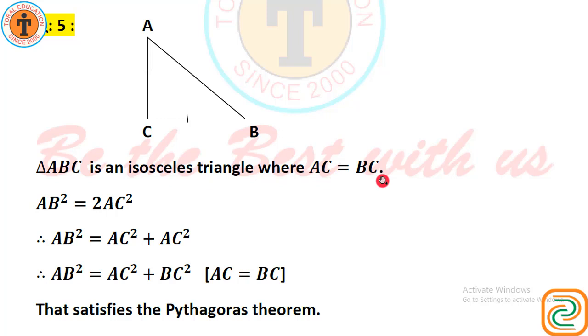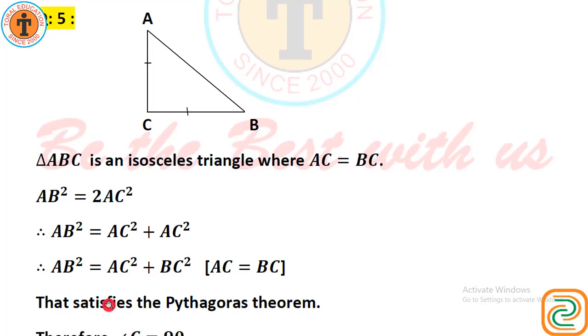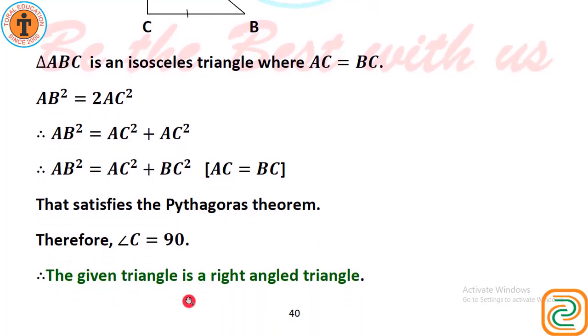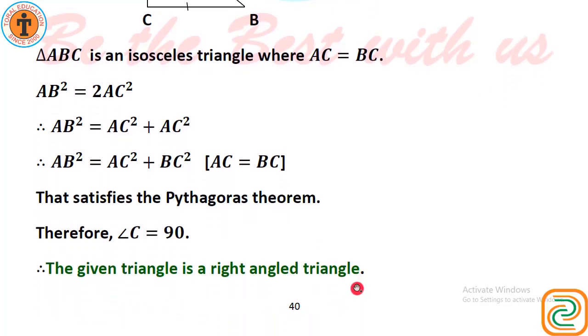Here AC equals BC, AB square equals 2AC square given. So 2AC square means AC square plus AC square. But we can take BC in place of AC. So AB square equals AC square plus BC square. That satisfies the Pythagoras theorem. Therefore AB is the hypotenuse. If AB is the hypotenuse, then C is a right angle. Right? The given triangle is a right angle triangle.